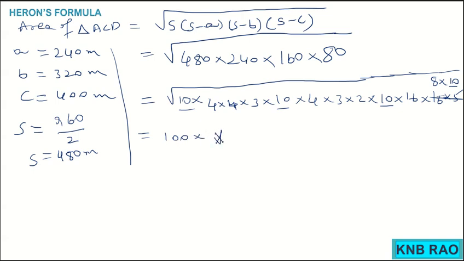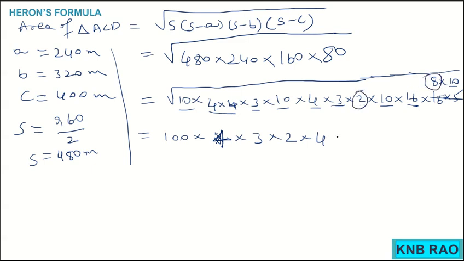Now here one pair of 4 will give 1 4 outside, one pair of 3 gives 1 3 outside, this 4 gives 1 2 outside because it's a perfect square, this 16 gives 4 outside, it's a perfect square. Now I am left with here 2 into 8.